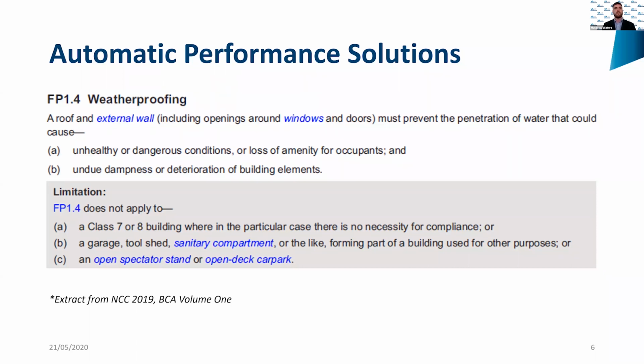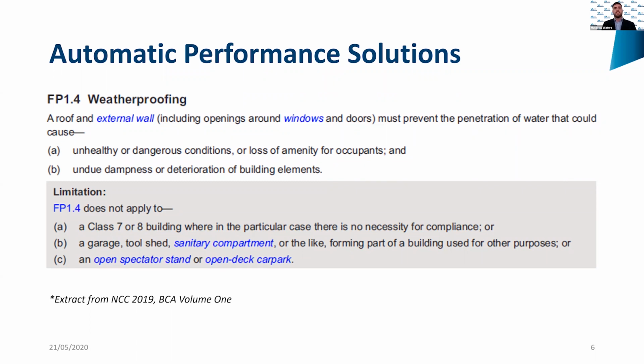So this is not an automatic exemption. We'd need to consider it on a case-by-case basis. So if we thought about a situation where this might not apply, it would probably be a situation like a car park, for instance, as it would really be unreasonable to require compliance with this specific performance requirement.